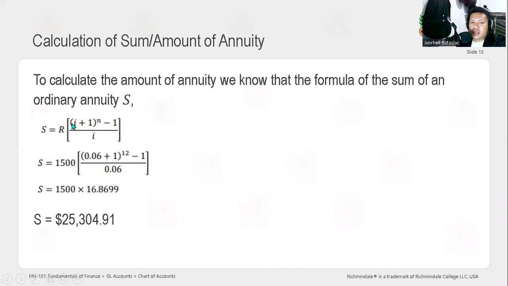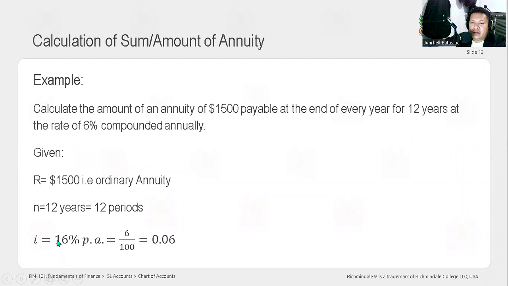Then what is I? Our I here is 0.06. You cannot directly put the 6% there; it is much better if you convert it to a decimal first. I hope it's clear.